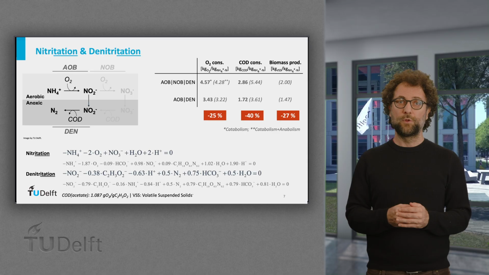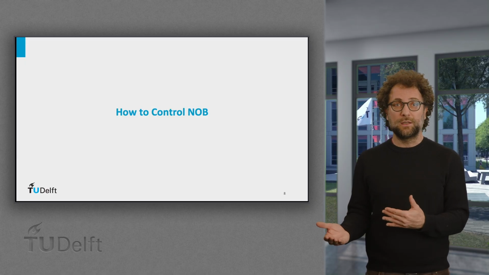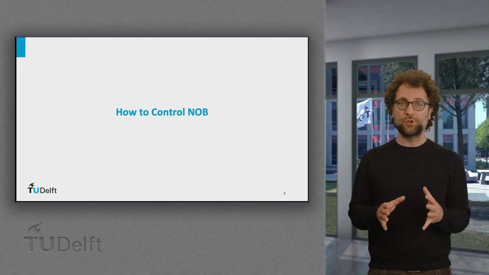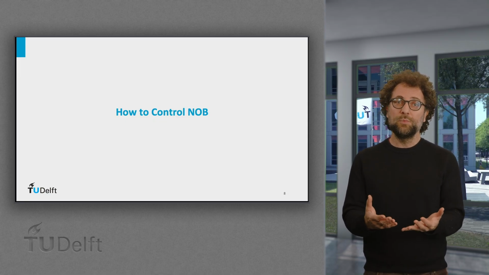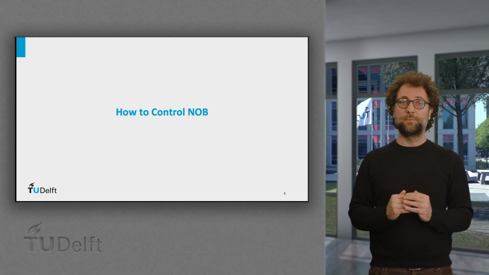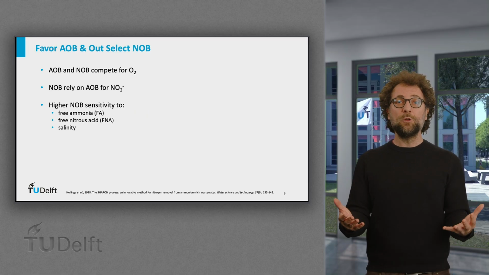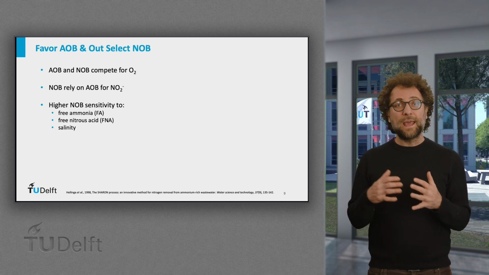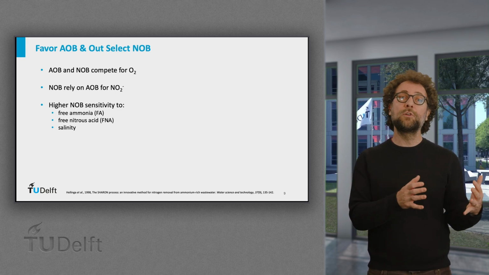From an engineering perspective, the central challenge is to identify the selective pressure to promote the growth of AOB and prevent the growth of NOB. AOB and NOB compete for the same electron acceptor, oxygen, and NOB relies on AOB for nitrite.